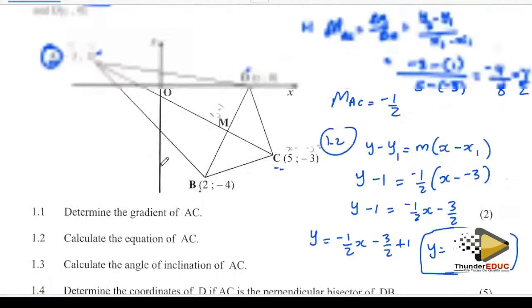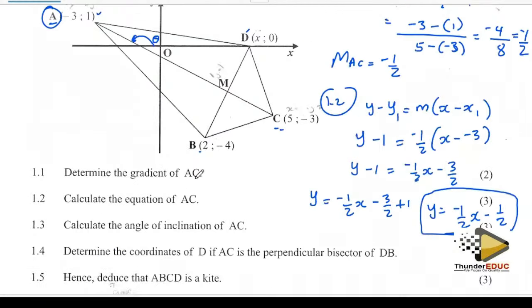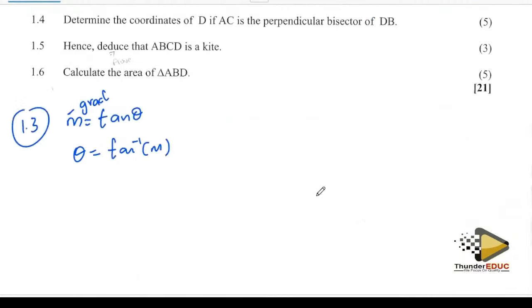Since we got that gradient from 1.1 as -1/2, I'm just gonna punch that into my calculator and say my theta is gonna be the arctan of -1/2. All right, and I'm getting -26.57 degrees.